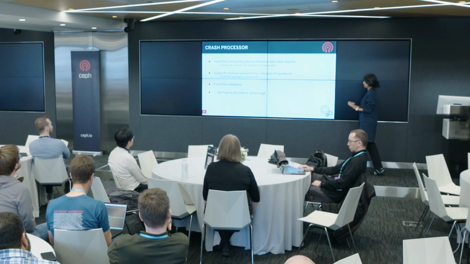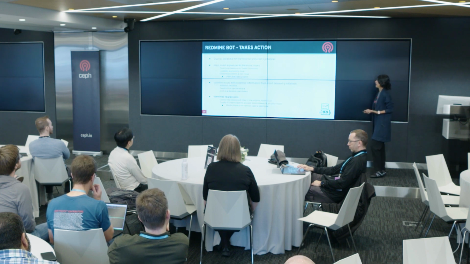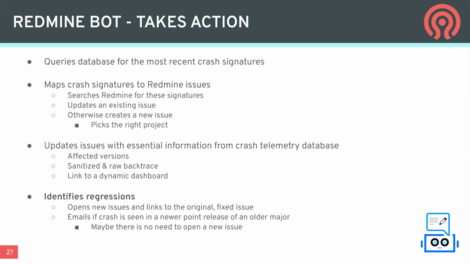We want to bring it to action. This is where the Redmine telemetry bot comes into place, and the way that it behaves, it queries the PostgreSQL database that we have for the most recent crash signatures, and then it maps each signature to a Redmine issue. And the way it does that, it searches Redmine for these signatures, and it updates an existing issue in case it finds one.